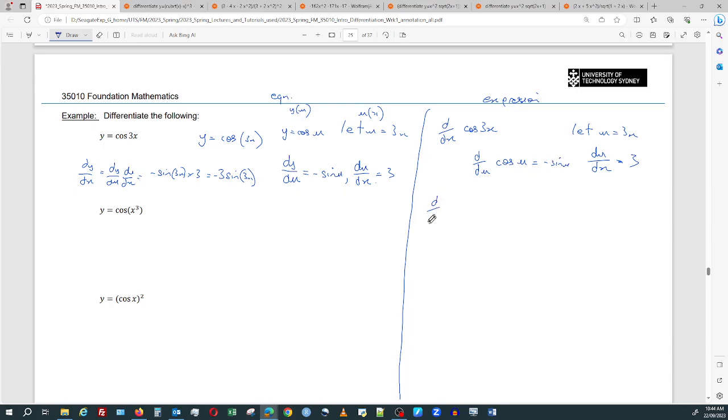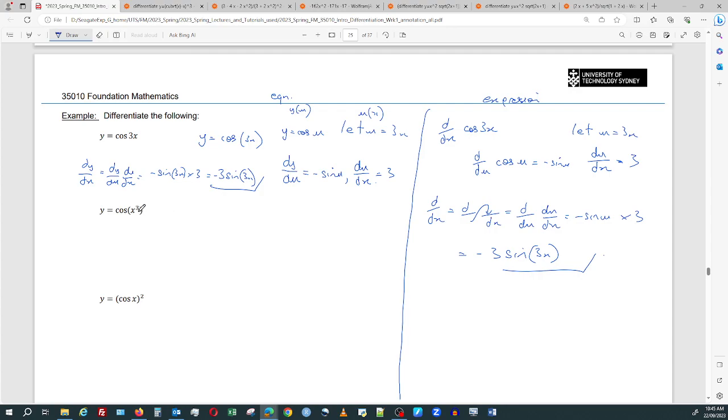So we're still going to have d dx, we're just going to go through something else to get it, and the something else we're going through is du dx. So that's minus sine u times 3, which is equal to minus 3 sine, and u was 3x. It's the same answer. So whether you do it as an expression or as an equation is entirely up to you.